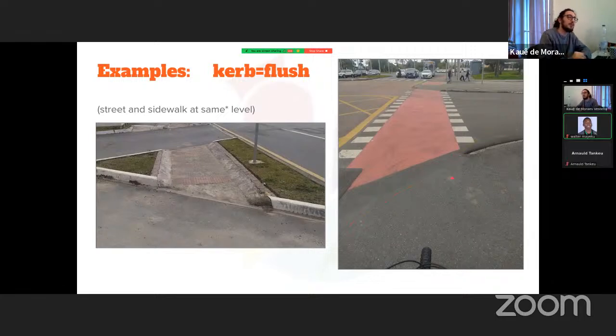For people walking with a stroller, or a person in a wheelchair, a high curb would be terrible, and a crossing like this would be amazing. But for a person with visual impairments, it can be extremely dangerous, okay?